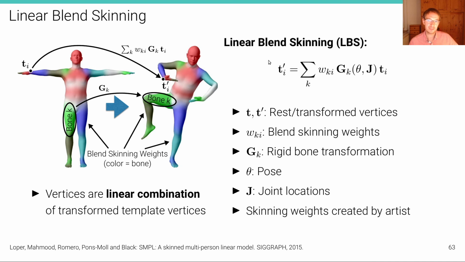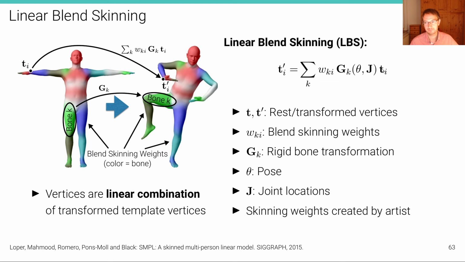And we're going to do that through this linear equation here. This is just a sum over some weights. These are called the blend skinning weights, times a rigid bone transformation matrix. That's just a rigid transformation matrix with 6 degrees of freedom that depends on the pose parameters and the joint locations.